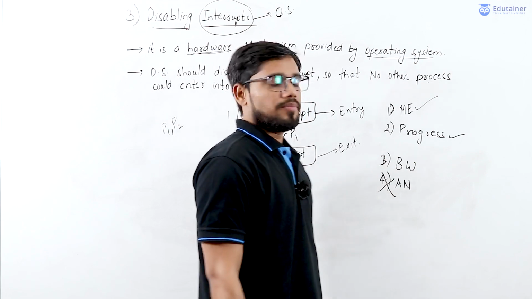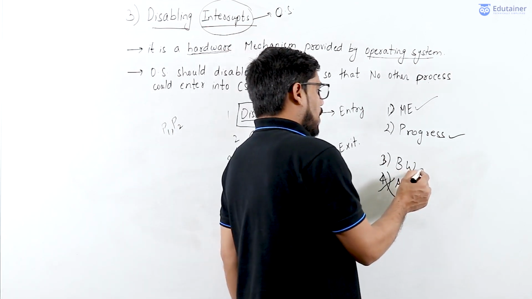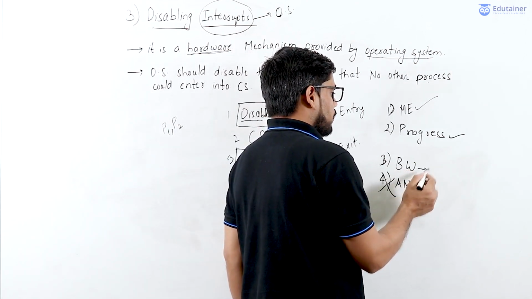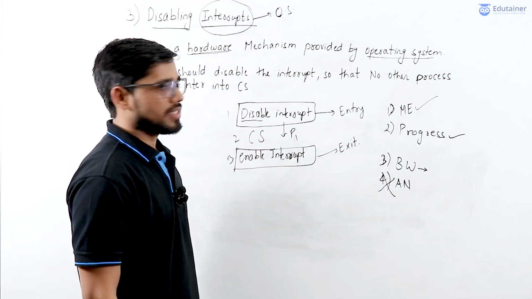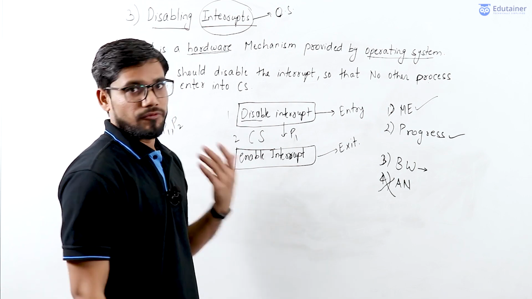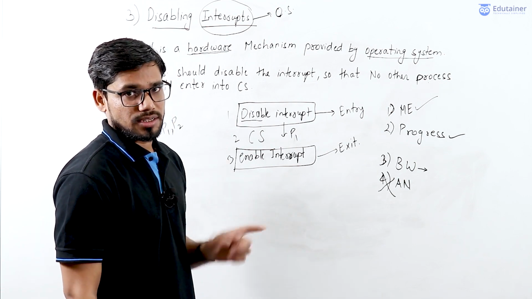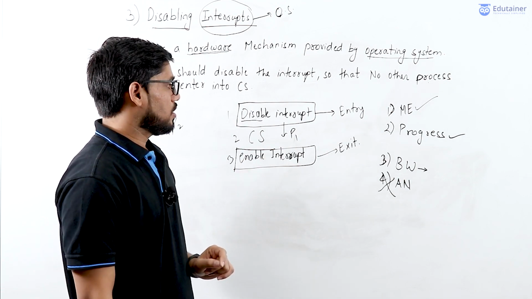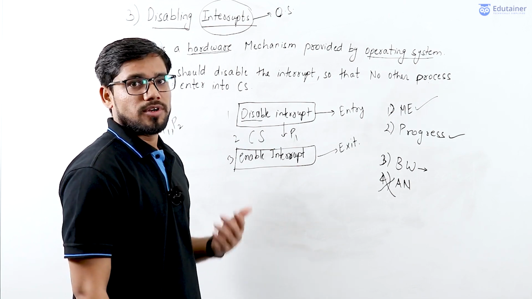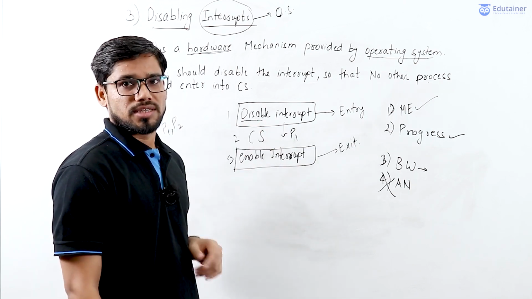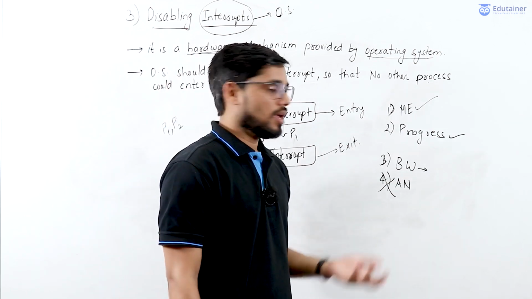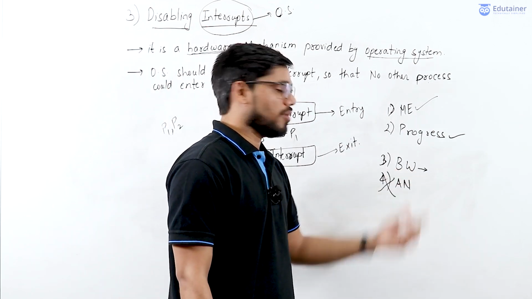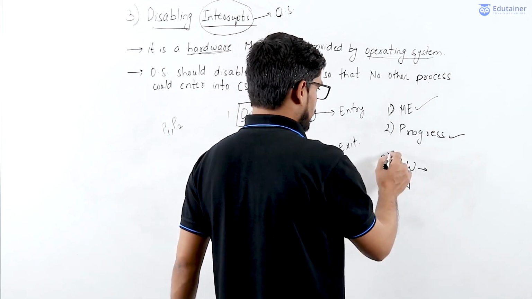And bounded waiting is also not guaranteed here, because if some process enters the critical section, then other processes should wait to get their chance to enter. But what happens if process P1 does not want to leave the critical section? Then other processes should wait for their chance, and because of that waiting, bounded waiting is also not guaranteed.